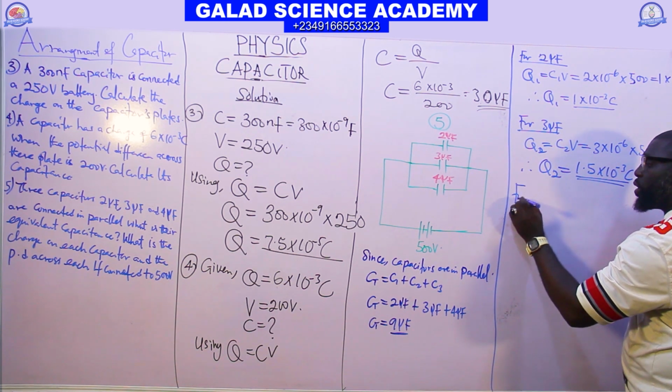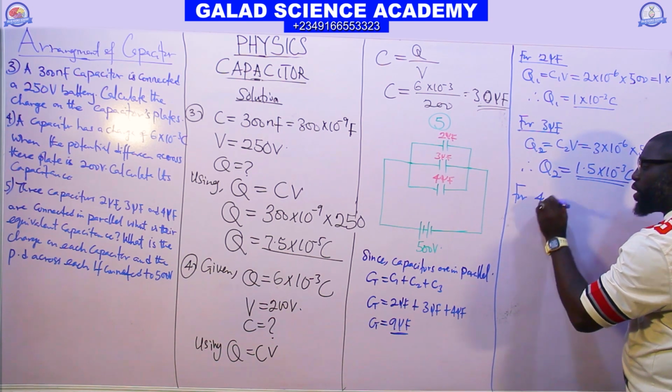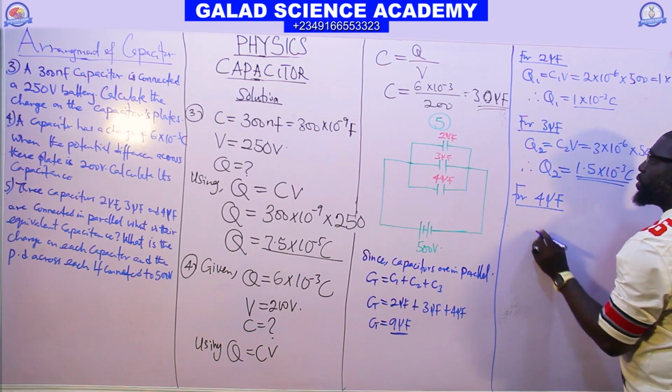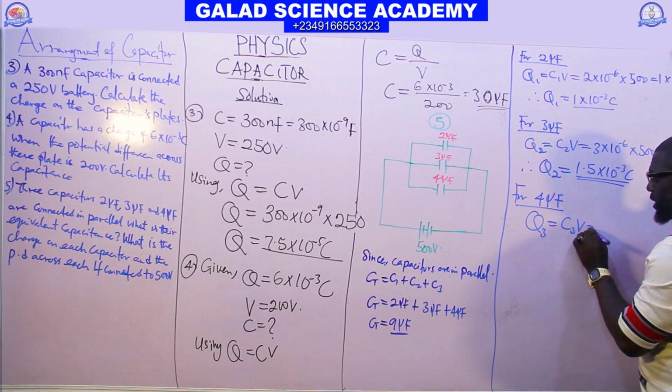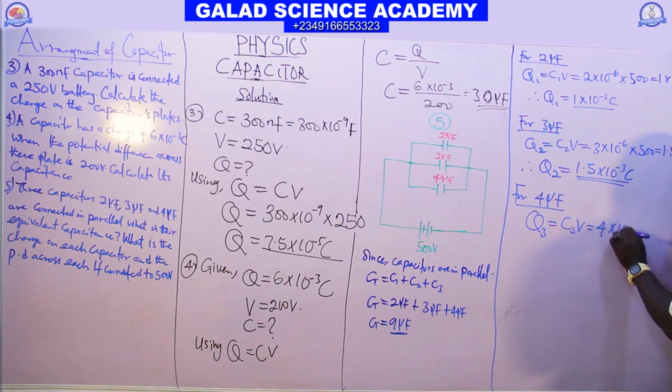For 4 microfarad, Q3 equals C3 V. C3 V is 4 multiplied by 10 raised to the power minus 6, multiplied by 500 volts. 4 times 5 is 20, so we have 2 times 10 raised to the power minus 3 coulomb.